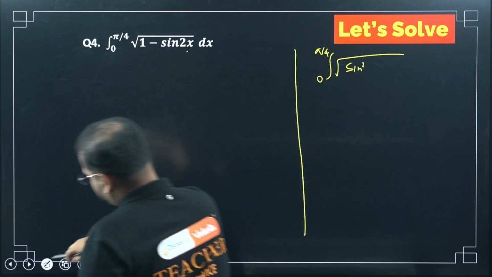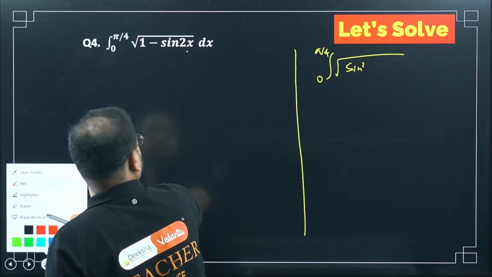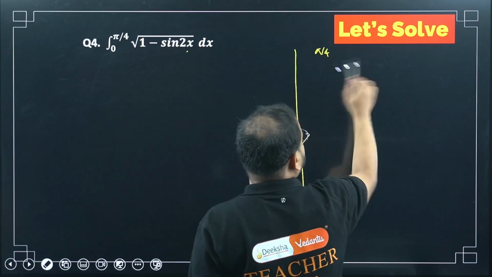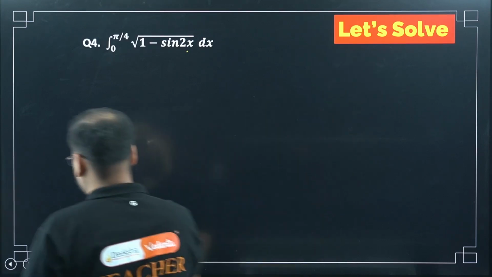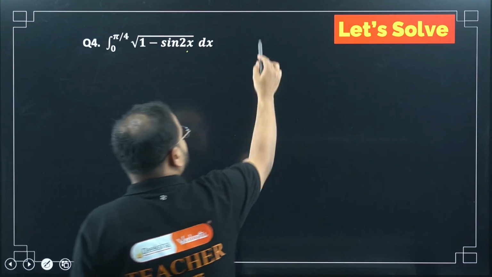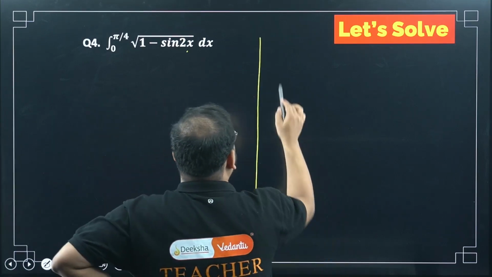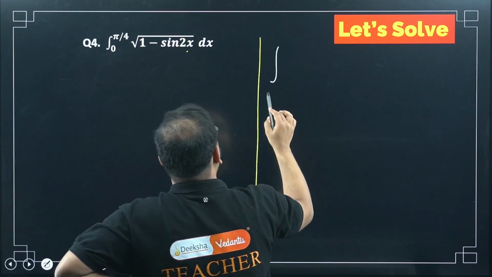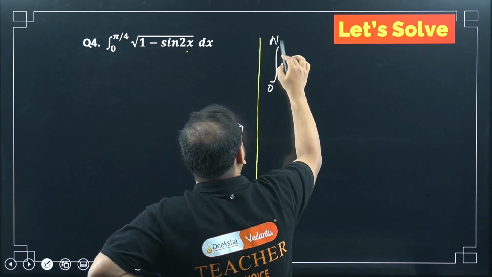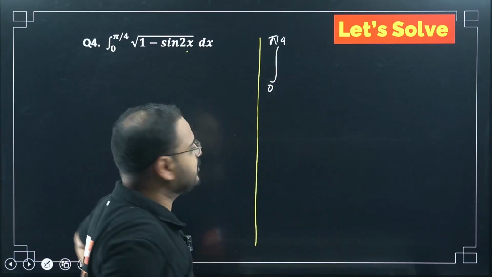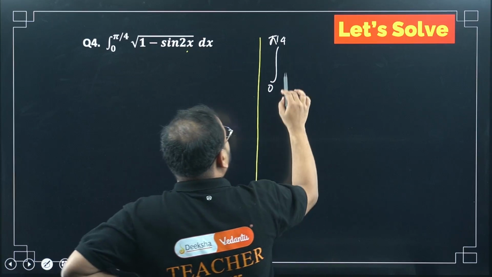I will need a little bit more space, bacha, so let me write it over here. It's going to be what? Tell me. The integral of the function in the interval 0 to pi by 4. This will become the root only.